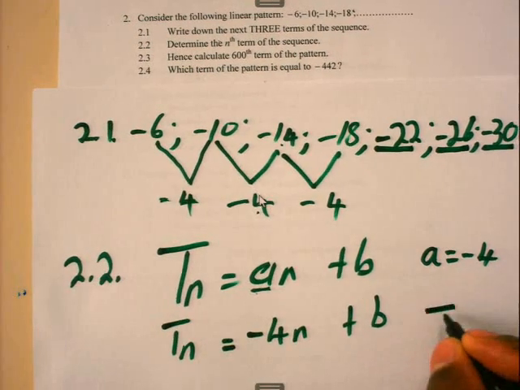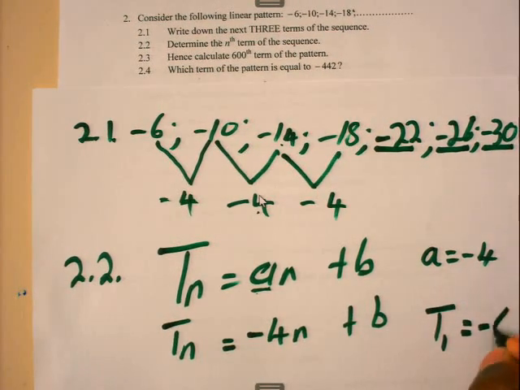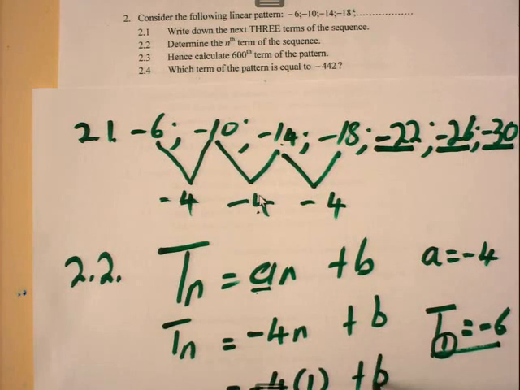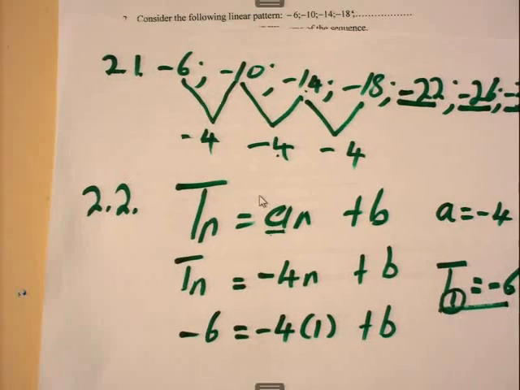It means term number 1 is equal to -6. For n, we substitute 1. So T1 is -4(1) + b, but instead of T1, you put in -6.